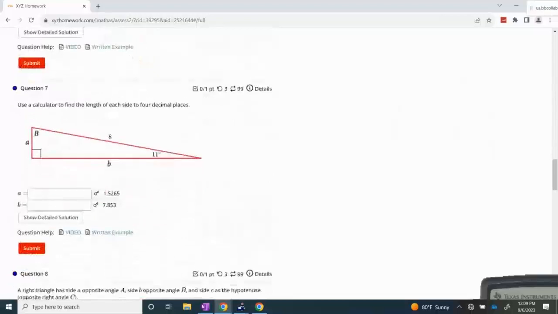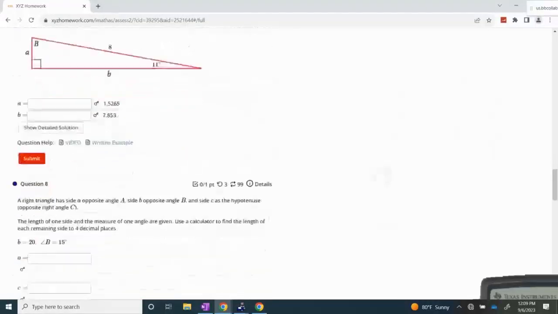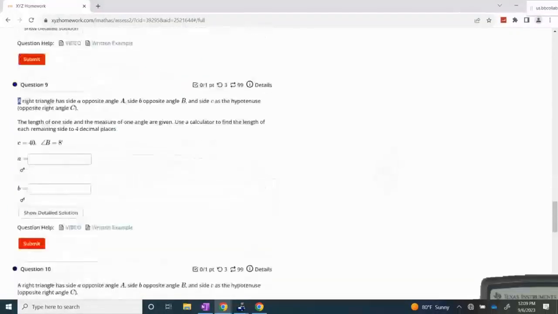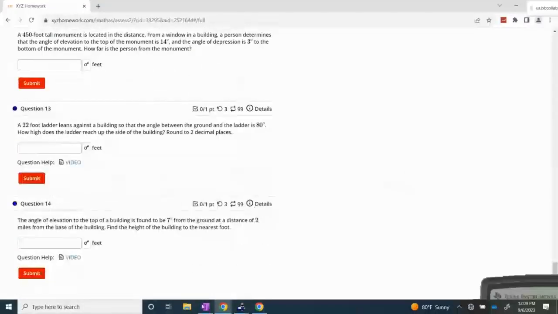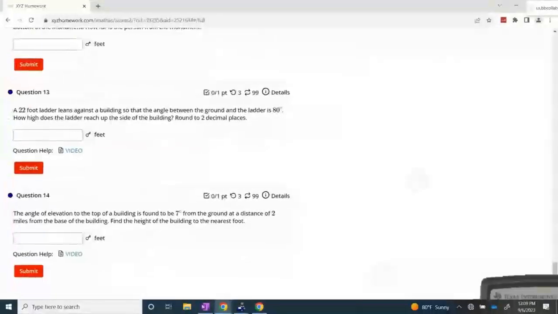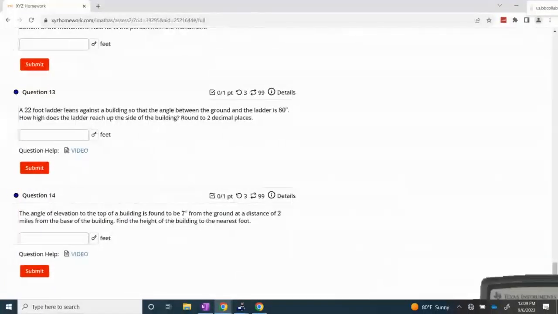Let's see, I'm going to scroll down. We'll take a look at the last problem, number 14. It talks about an angle of elevation to the top of a building. It's found to be 7 degrees from the ground at a distance of 2 miles.